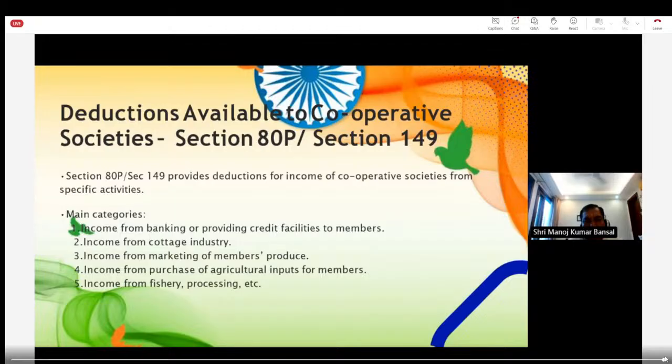Income from marketing of members' produce. Income from purchase of agriculture inputs for members.